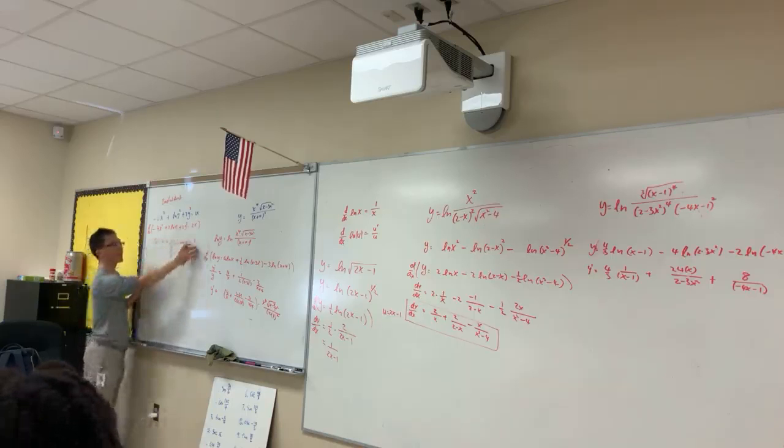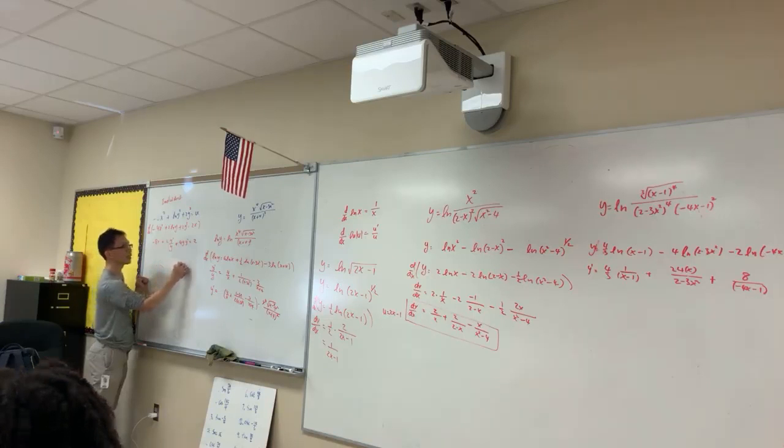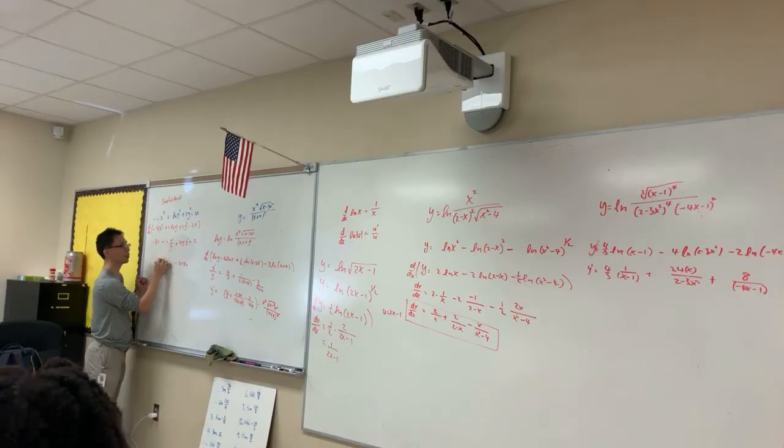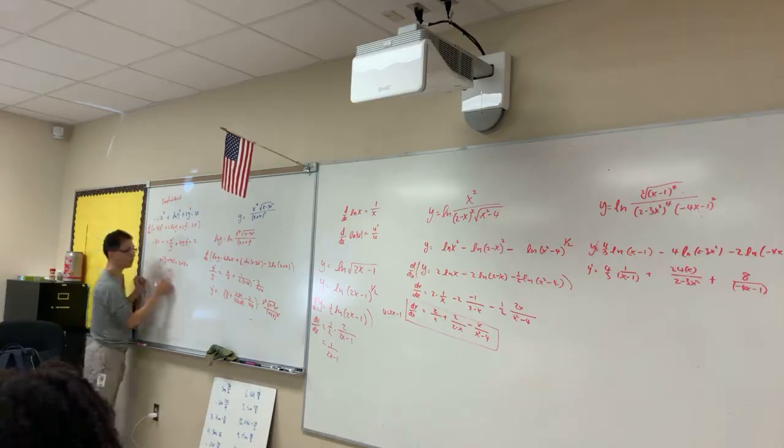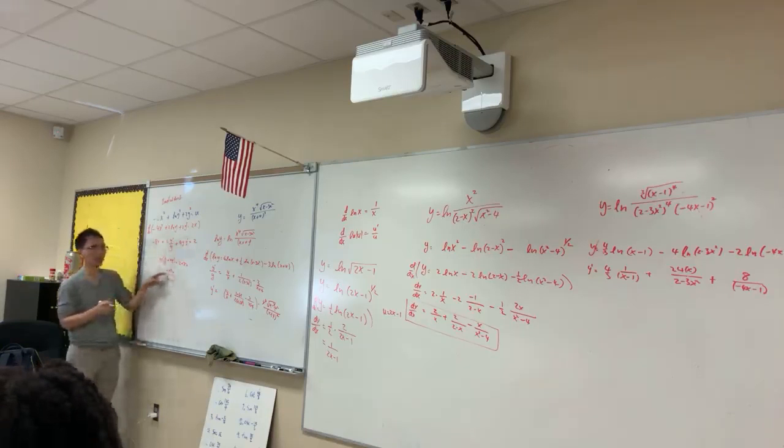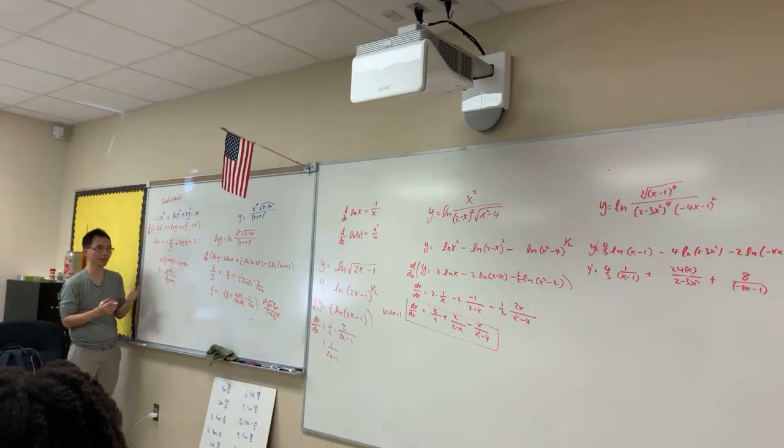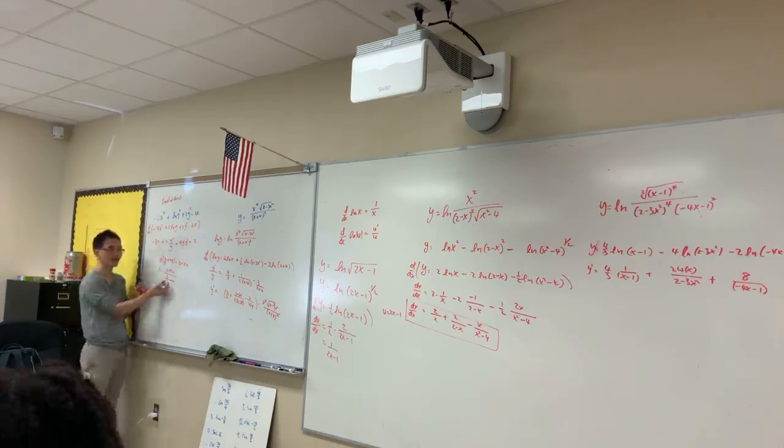So I can move the ax to the other side, so it'll be 2 plus ax. And I can take out y prime here, it'll be 2 over y plus 4y. And y prime is equal to 2 plus ax over 2 over y plus 4y. You should not have a complex fraction here. You should simplify your fraction. So you need to add those two together. How do I add those two together?